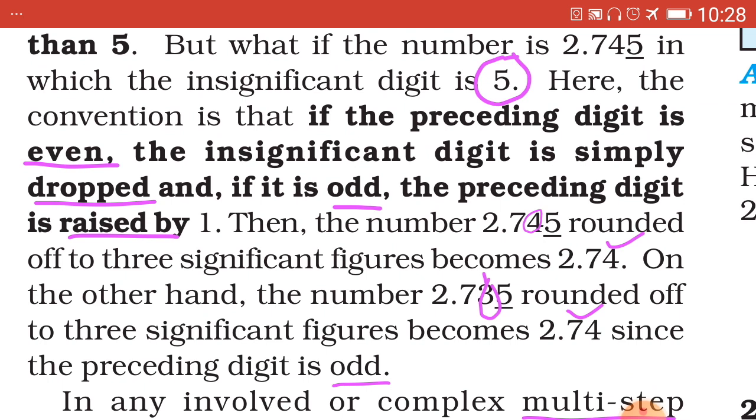Now what has to be done if the insignificant digit is 5?